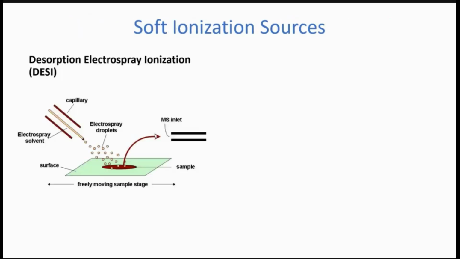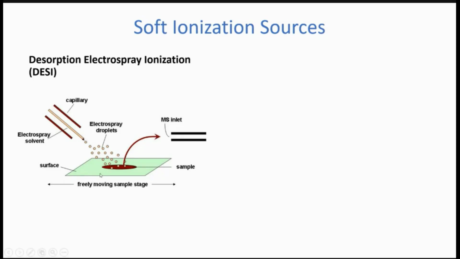Okay. So other types of soft ionization sources are very similar to ESI in their concept of making these multiply charged parent molecules and ions that aren't dissociated or fragmented, but they work in different ways. This one is called desorption electrospray ionization, or DESI.